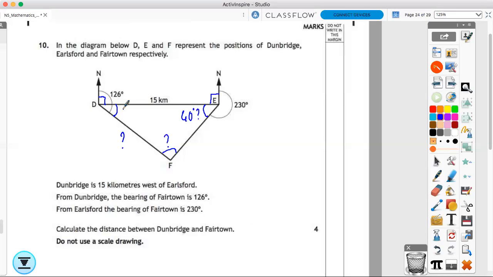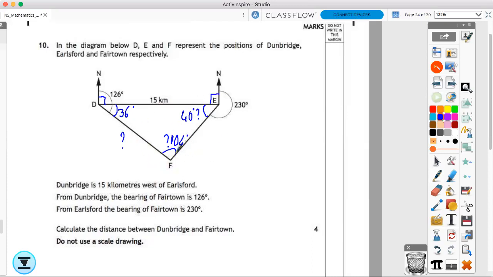And then you'd have your 36 plus your 40, which is 76, and take that away from 180, which would give you 104 for angle F. Yeah, because all angles in the triangle add up to 180.